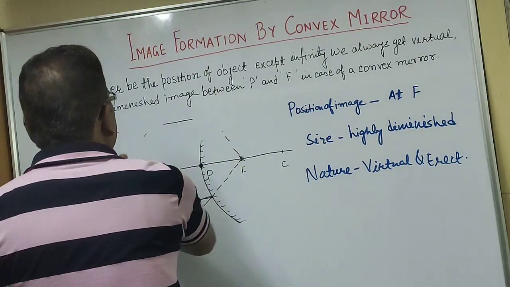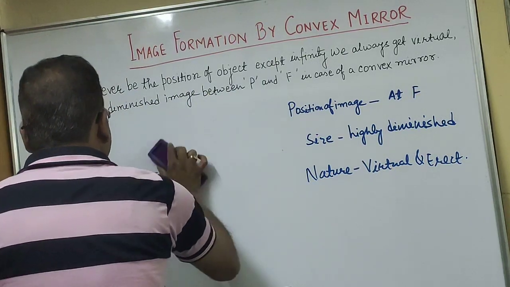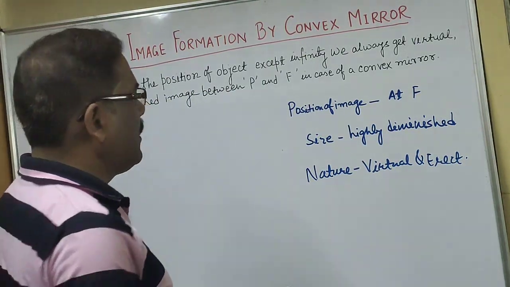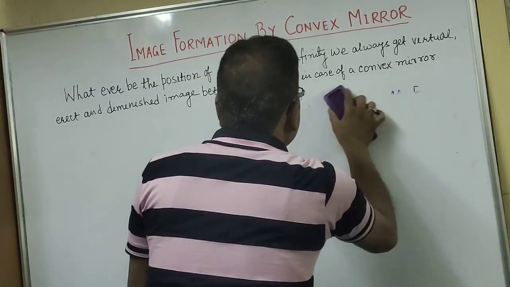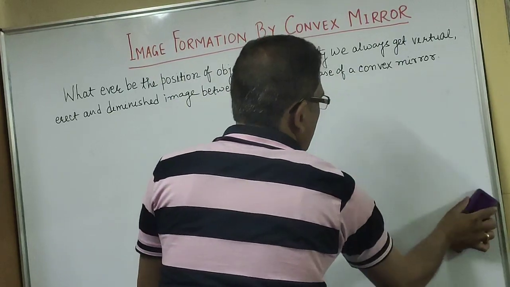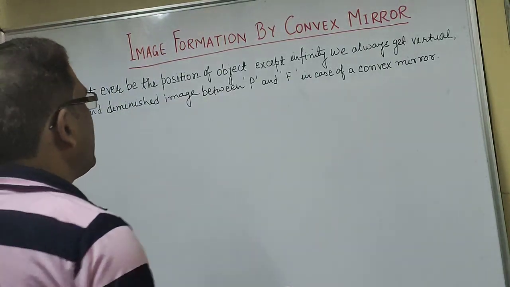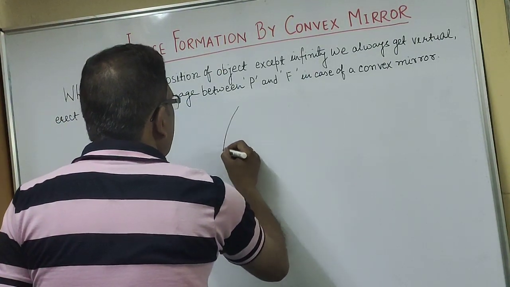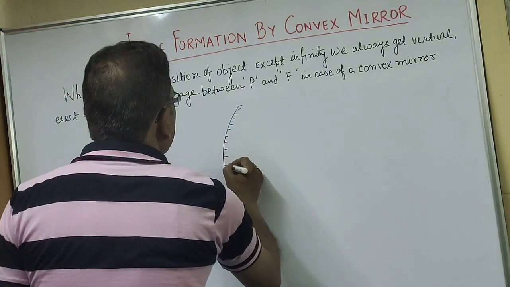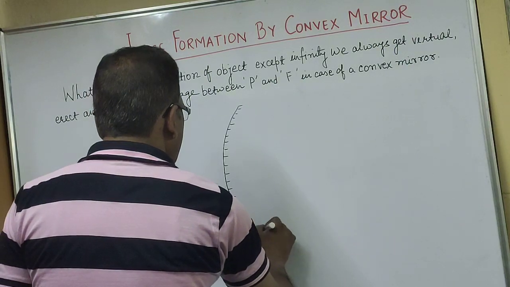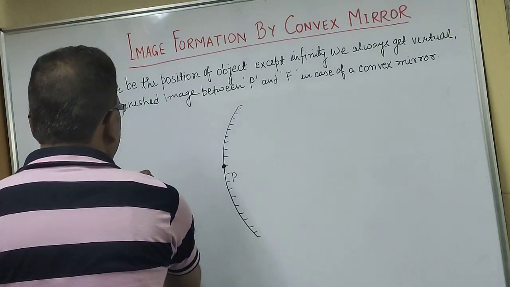Now next case, when the object is anywhere between pole and infinity. So again draw a convex mirror. Mark a point P at the center of the reflecting surface.